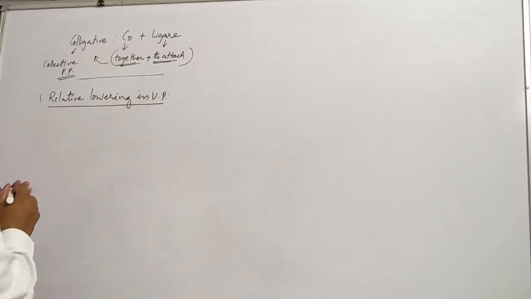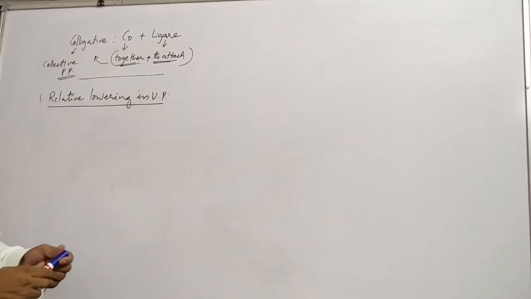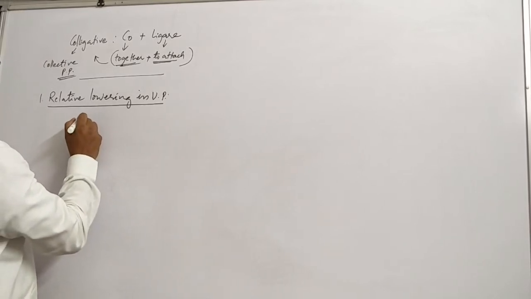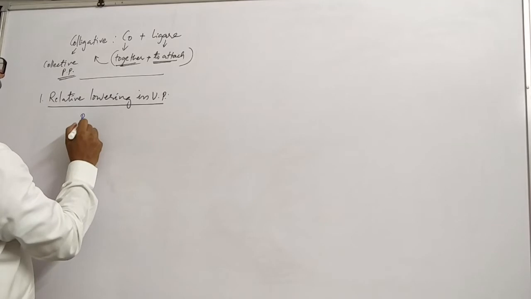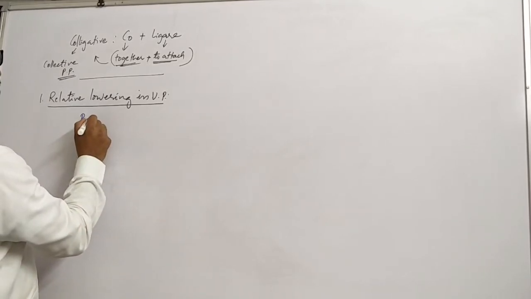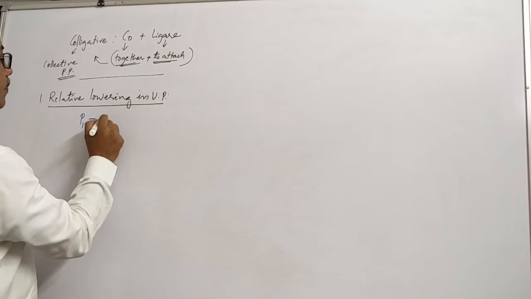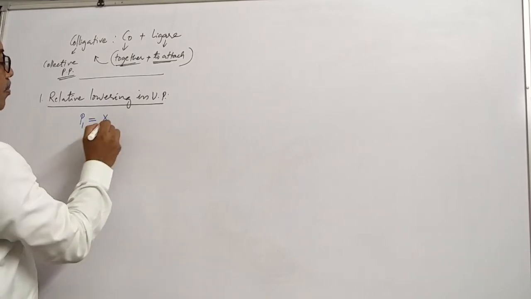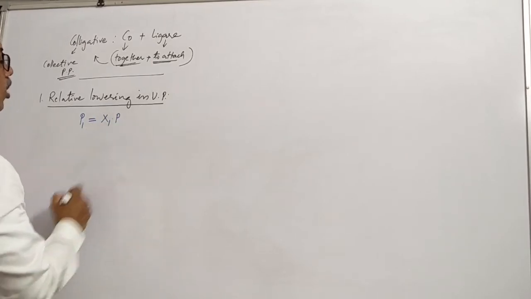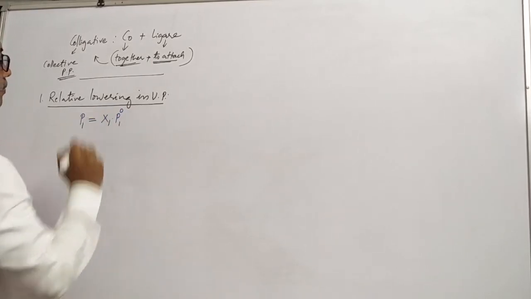Okay, students. Here we use Raoult's law. See, students. Vapor pressure of the solution, that is P1, from Raoult's law is equal to mole fraction of the component present in the solution into vapor pressure of the solvent in its pure state.